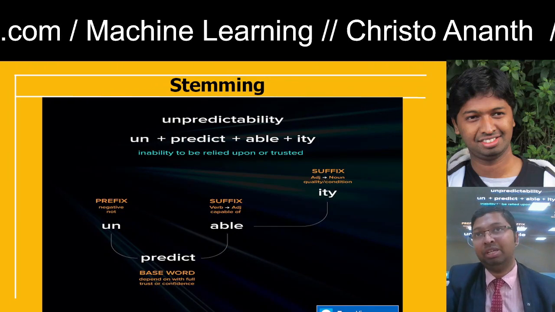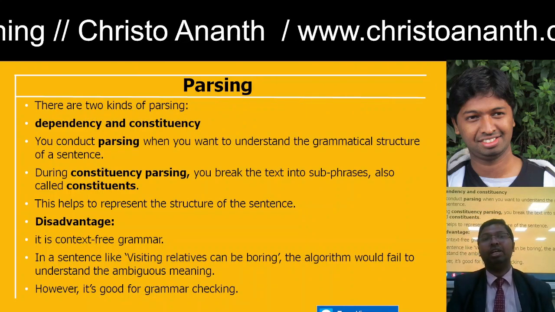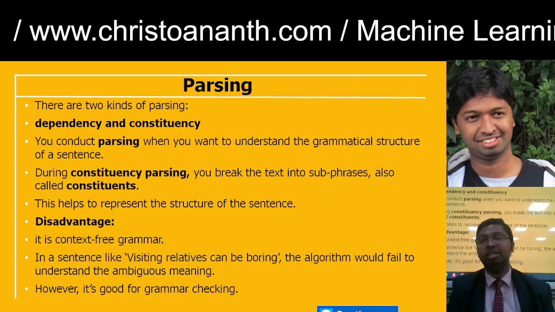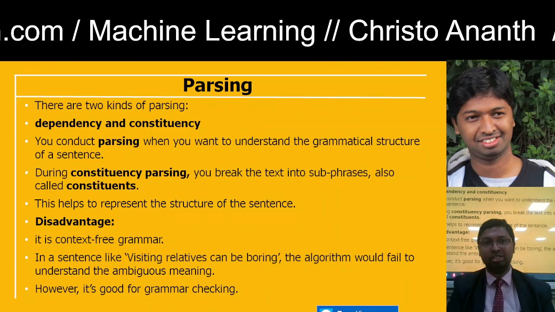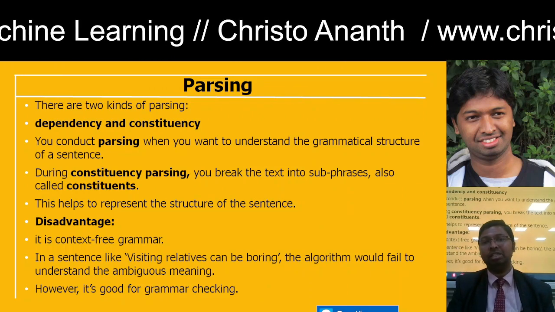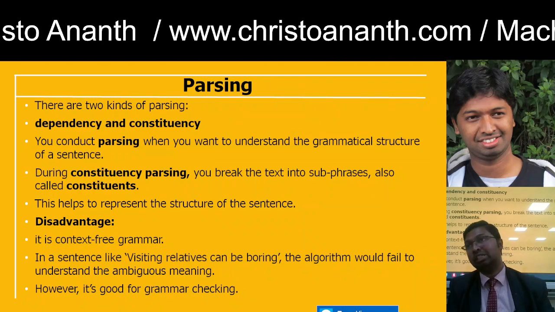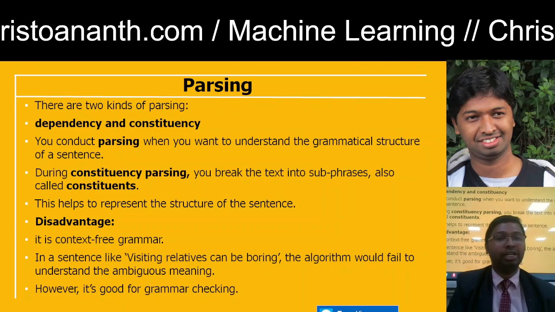This is stemming. And then parsing, we have dependency and constituency. You can conduct parsing to identify the grammatical structure of the sentence. During constituency parsing, you break the text into sub phrases and you call them constituents. It helps with the structure of the entire sentence.